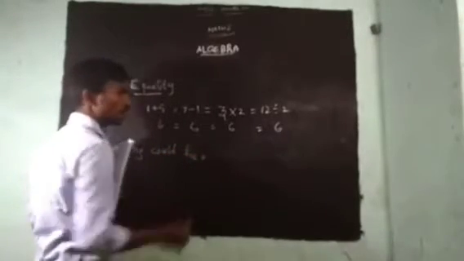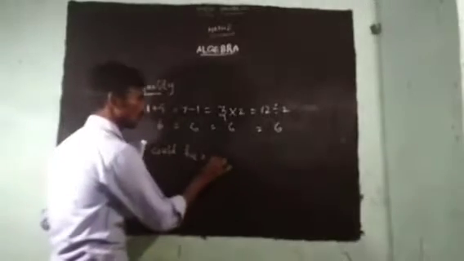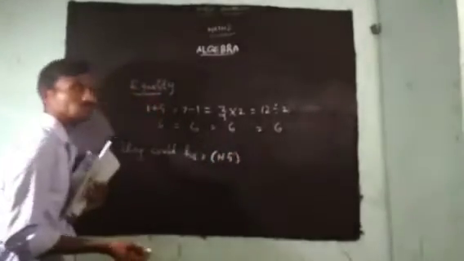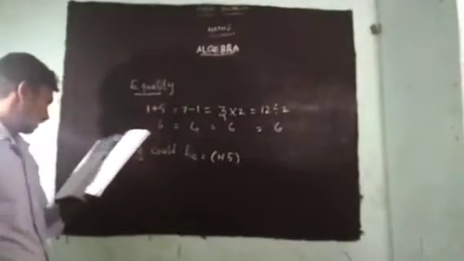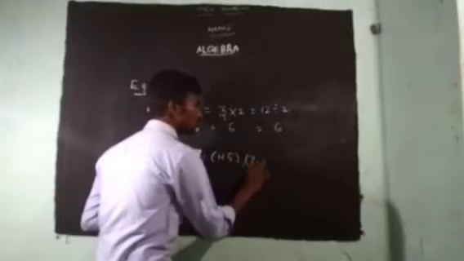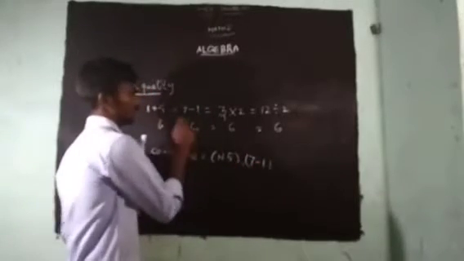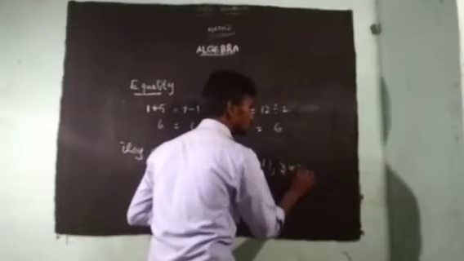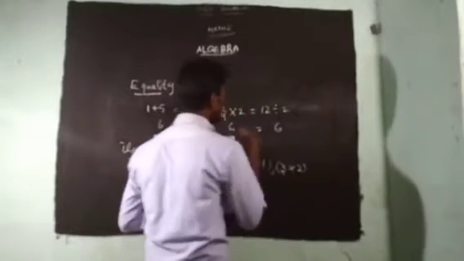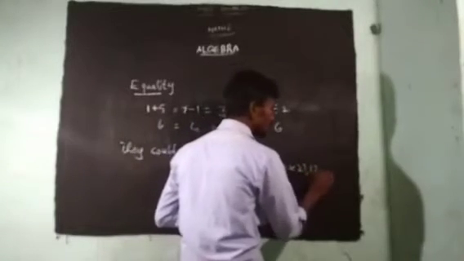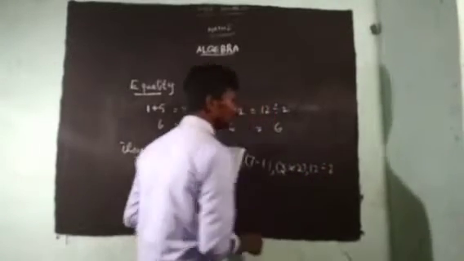They could be like this. Just look. 1 plus 5 is equal to what? 6. 7 minus 1 is equal to what? It is also 6. 3 times 2 is equal to what? It is also the same, 6. 12 divided by 2 is equal to what?